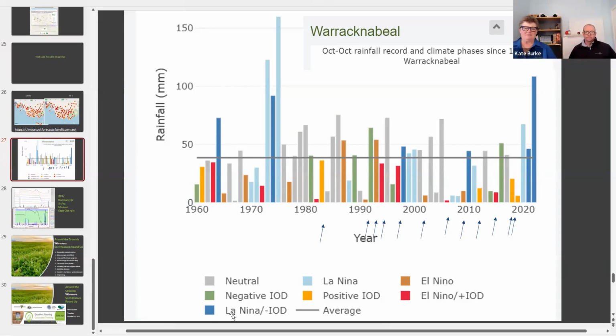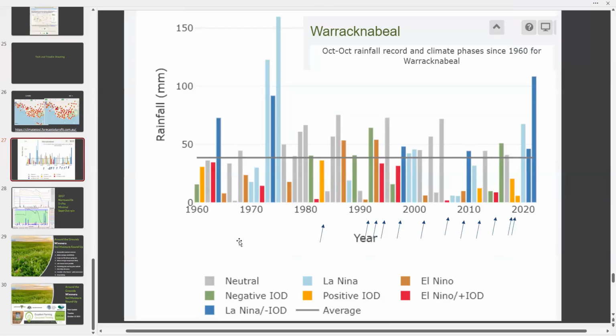I call these climate moods and just find them easier to remember. So I call the La Nina IOD negative combination, like we had last year and the previous 2 years, mood A. I call the combination that we've got now, the El Nino and IOD positive combination, mood F. And if you have a look at this graph since 1960, there hasn't been a positive IOD season that's been above average rainfall.